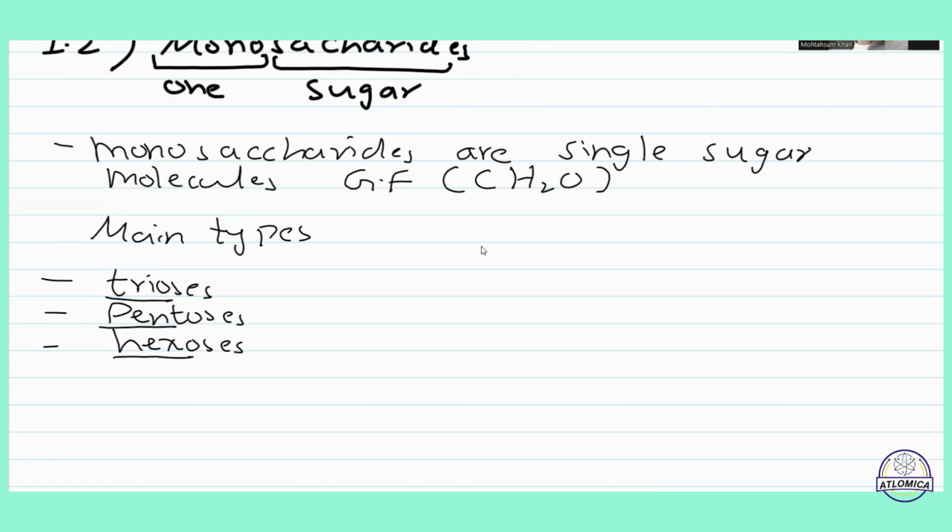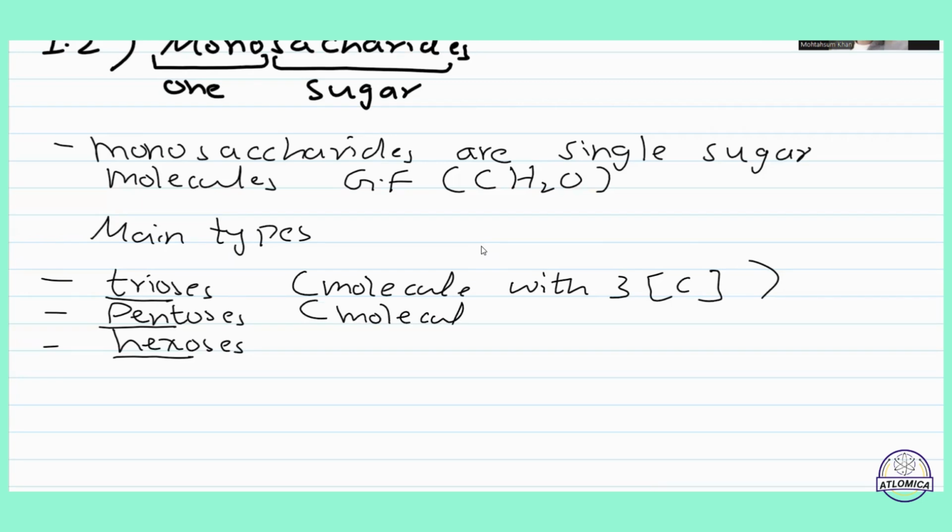Trio means three, so a molecule with three carbon atoms. Secondly, pent means five, so that means a molecule with five carbon atoms. Hexose means six, so a molecule with six carbon atoms.